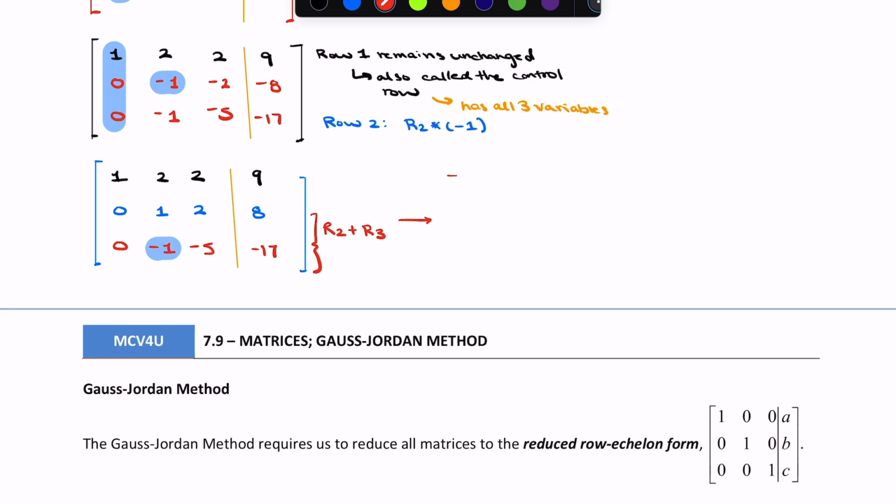So that will give us, here we have 1, 0, and 0. We have 2, 1, and 0. We have 2, 2, and -3. And our constants here will be 9, 8, and -9.